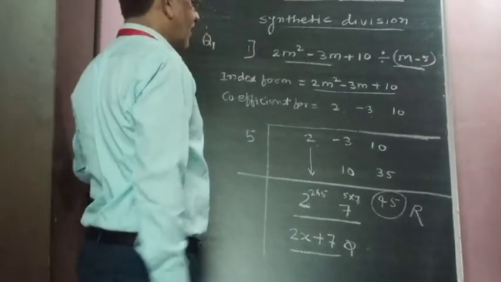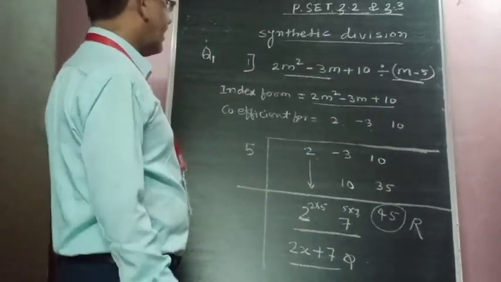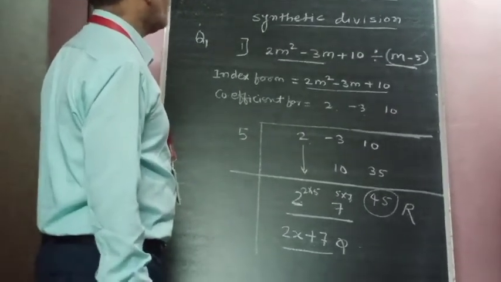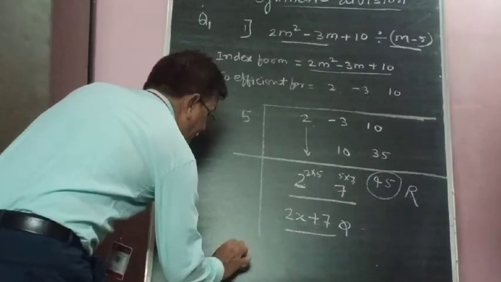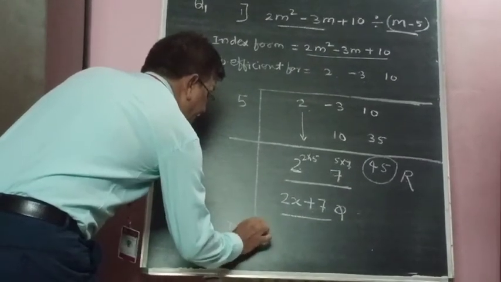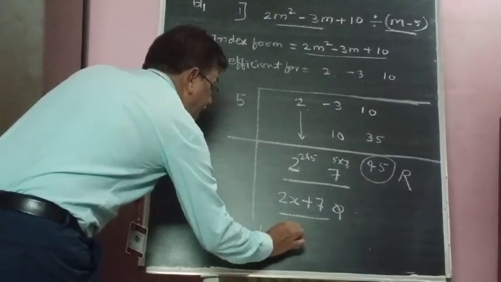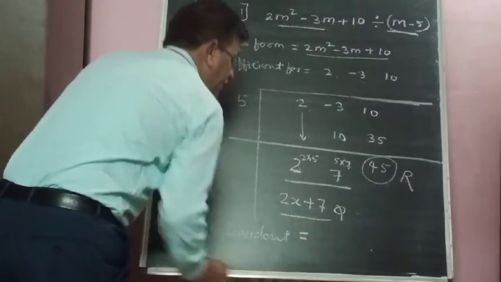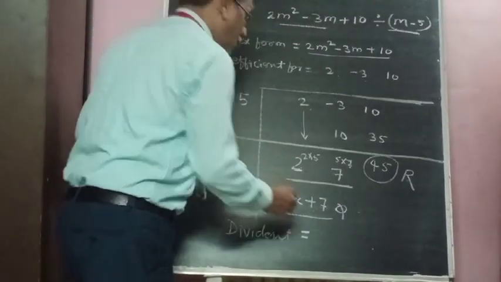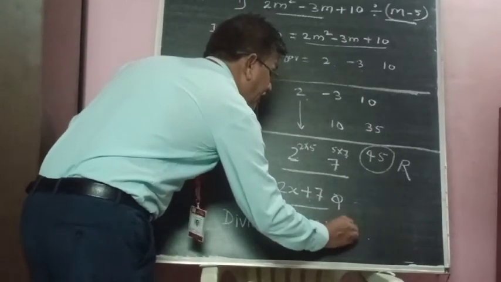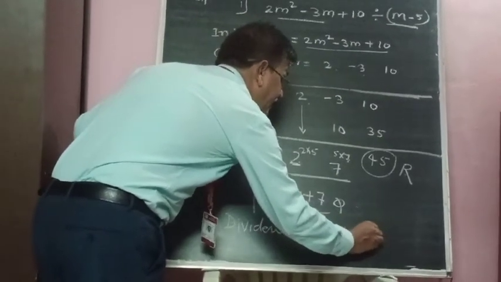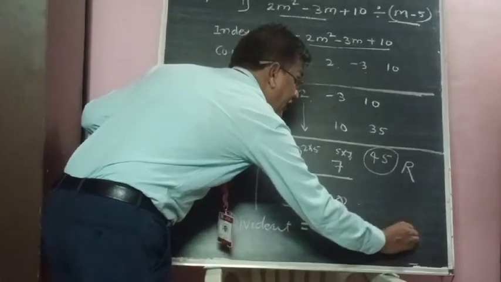Now write down the given dividend, divisor, quotient and remainder in the form: dividend is equal to quotient into divisor plus remainder.